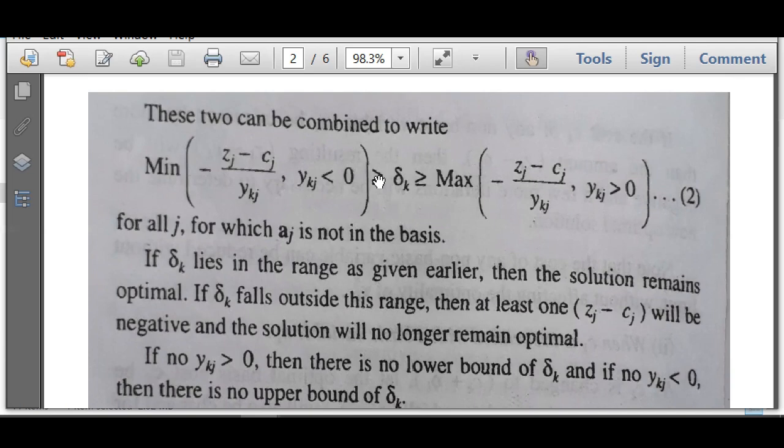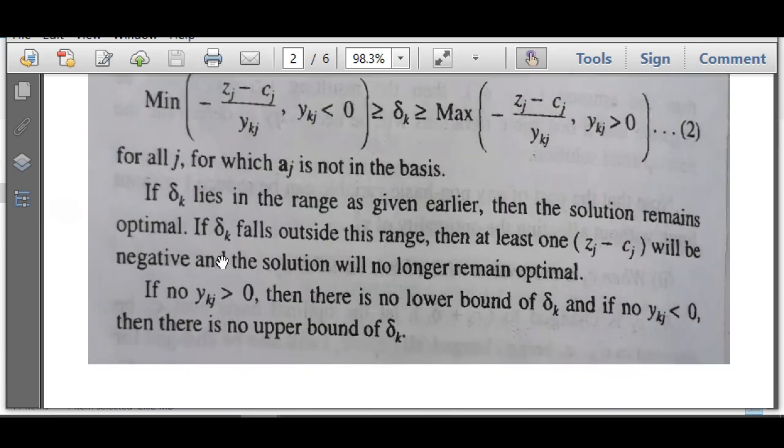Here we are getting some special derivations. You may just say here, if no ykj is greater than 0, then obviously there is no lower bound of del k. Because if ykj is not greater than 0, then this part is not coming, only this part is coming.